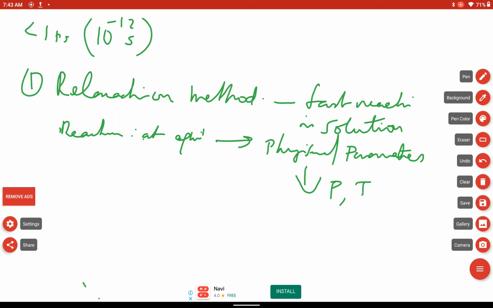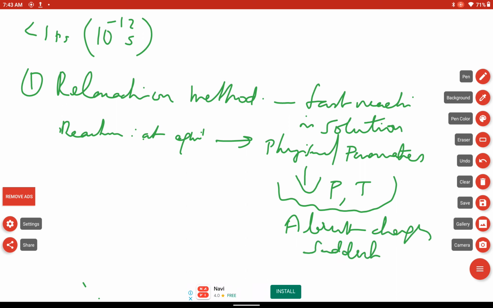There is an abrupt or sudden change in the physical parameters of a system in equilibrium. If the change is applied suddenly, there will be a time lag while the system modifies to a new state of equilibrium.